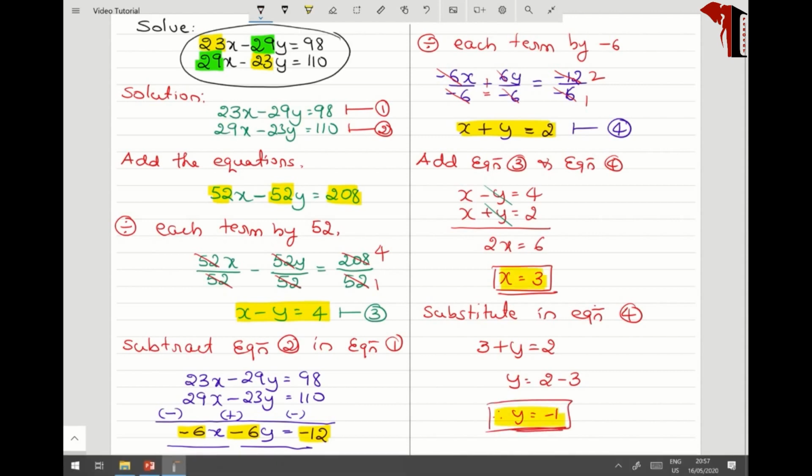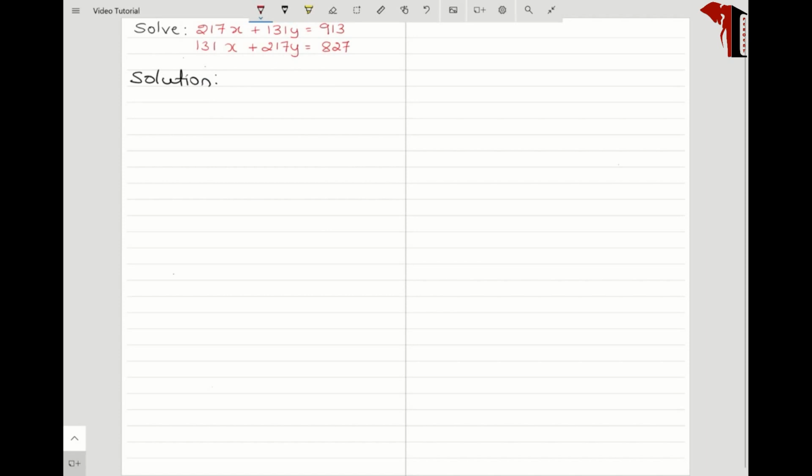So let us try one more example with much bigger coefficients than this. Our equations are 217x plus 131y equals 913, and 131x plus 217y equals 827. Call this the first equation and this the second equation.